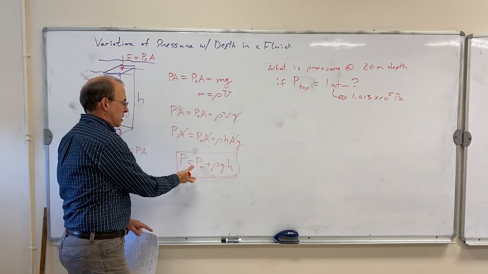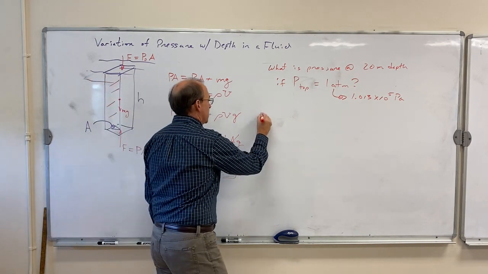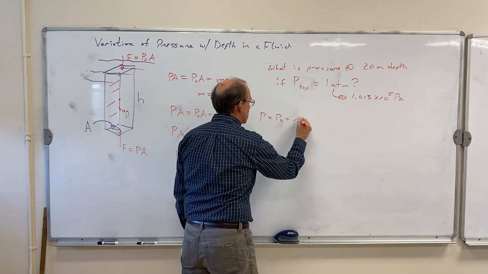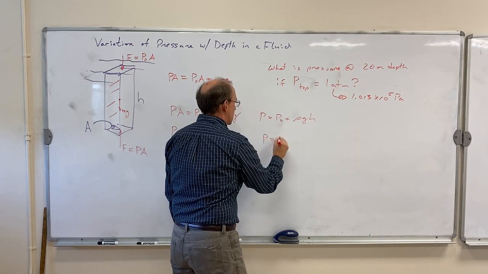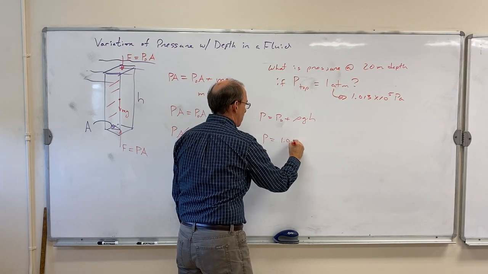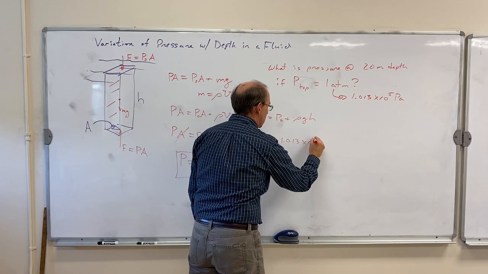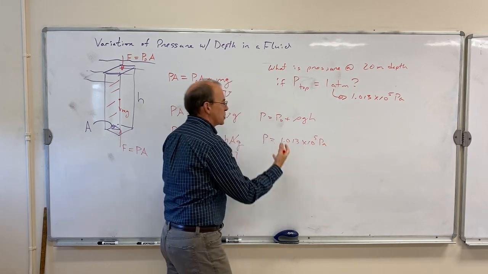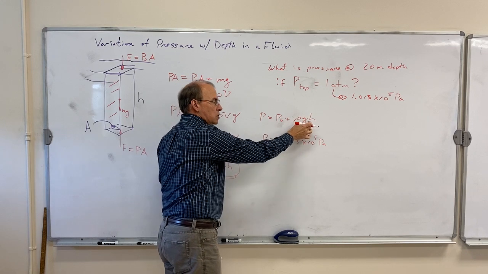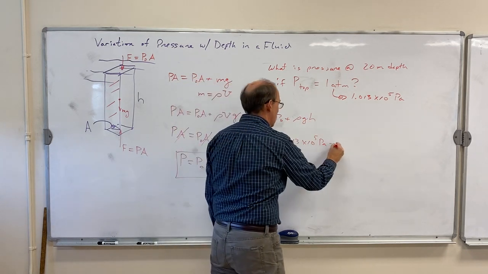So this is just plug in. We've got P is P naught plus rho g h. The P at the top is 1 atmosphere, 1.013 times 10 to the 5th Pascal. I can't just write it as an atmosphere because then my units will be mixed up over here.